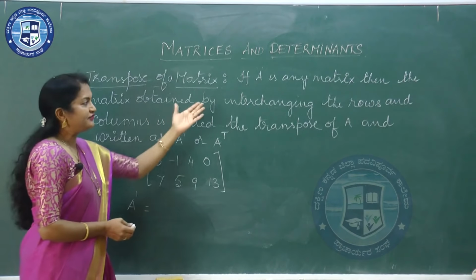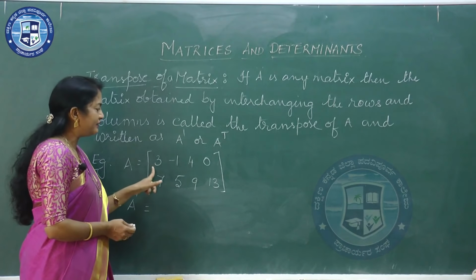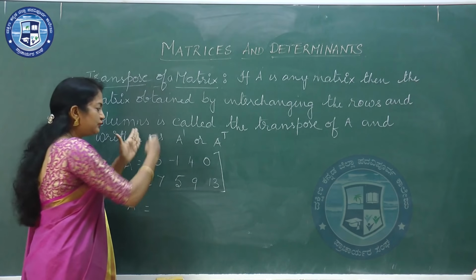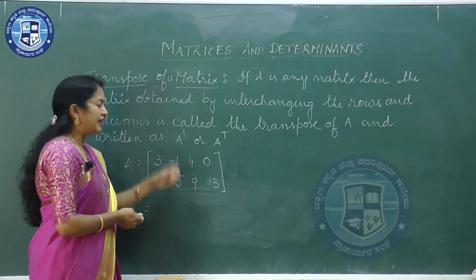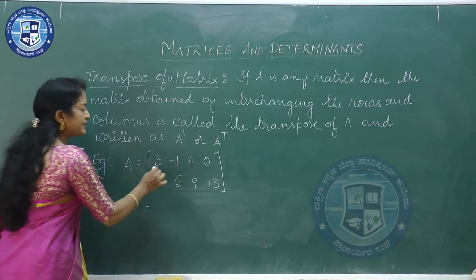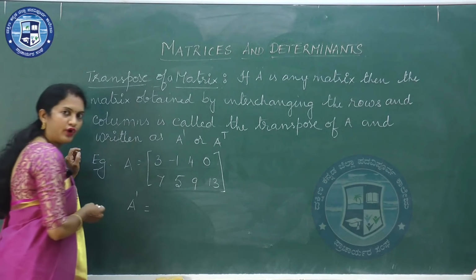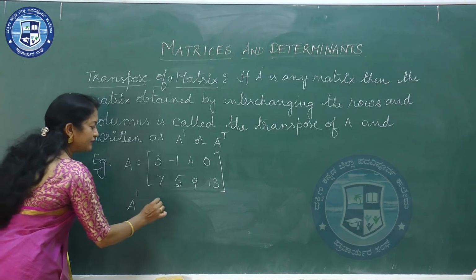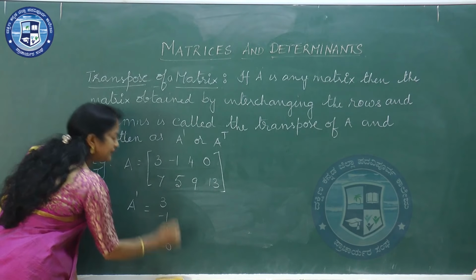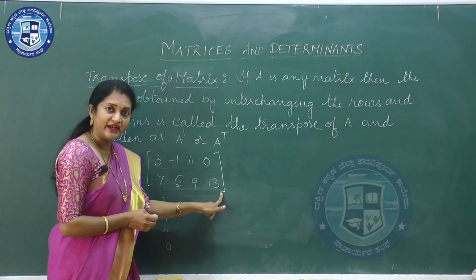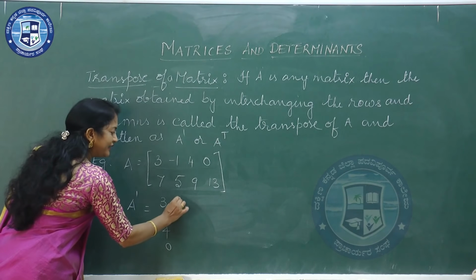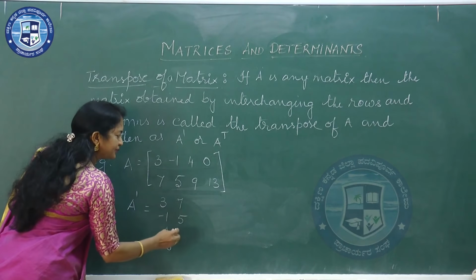Now as per the definition, the rows are converted into columns and columns are converted into rows. Rows and columns are interchanged. So this is the first row of this matrix, 3, minus 1, 4, 0, that will become the first column. This is the second row, 7, 5, 9, 13, that will become the second column of the transpose matrix.